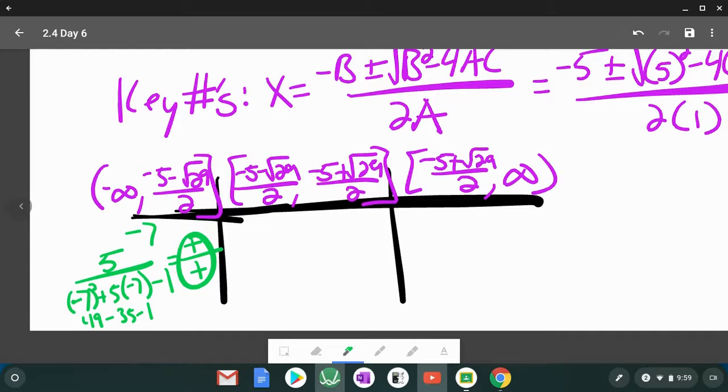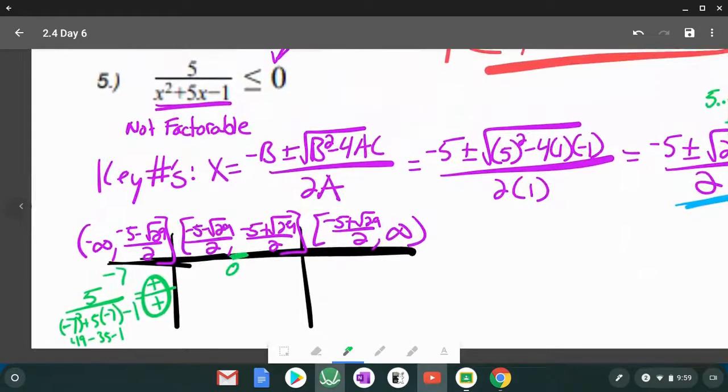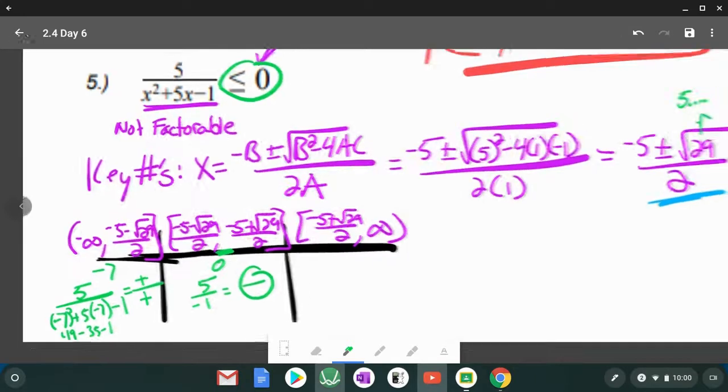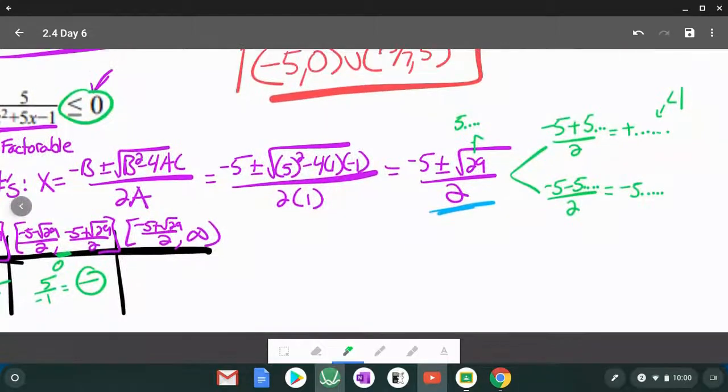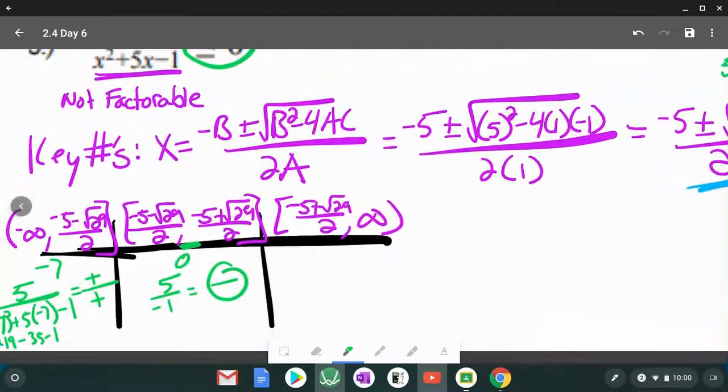And the nice thing about this one, in the middle section, I can just plug in 0, because 0 has to be between the negative 5 point something and the fraction less than 1. So if I plug in 0, I end up with 5 over negative 1, which has to be a negative. And this is the section we're looking at because we're looking for negatives. And then the last section, again, we said it should be a fraction less than 1, but just to be safe, I can pick 2.